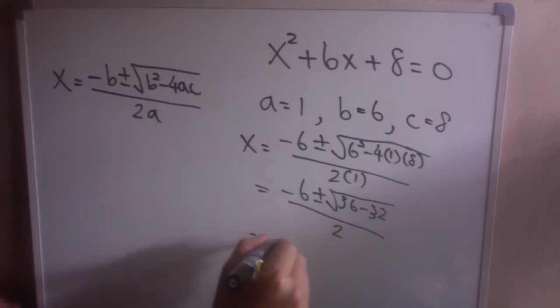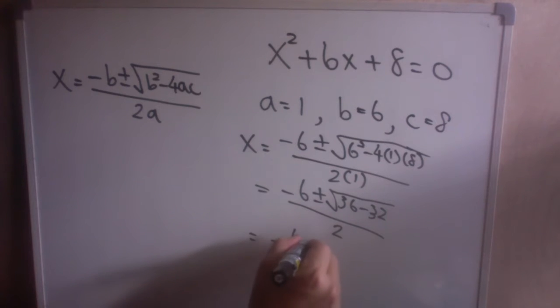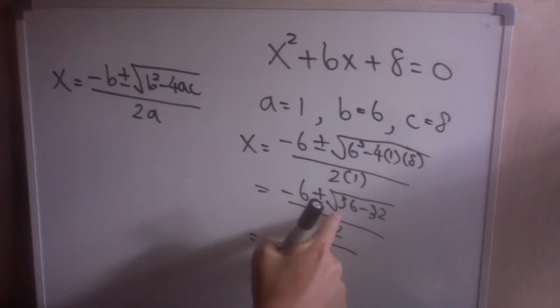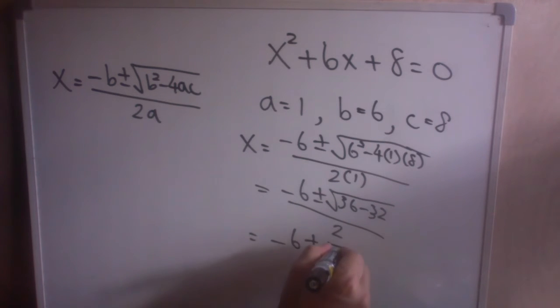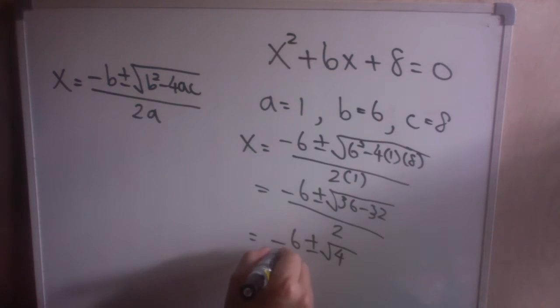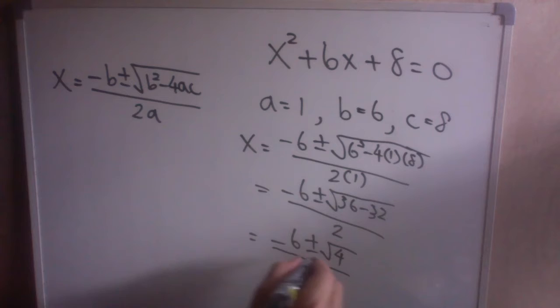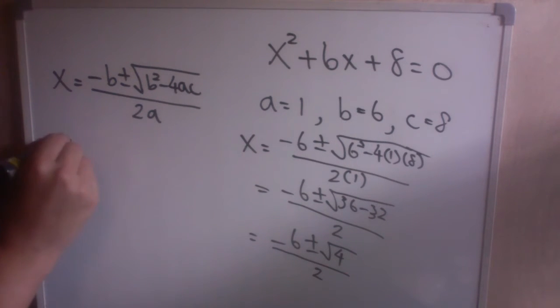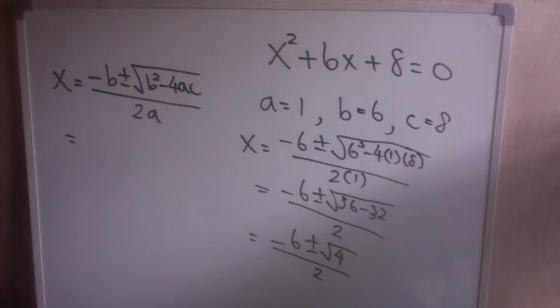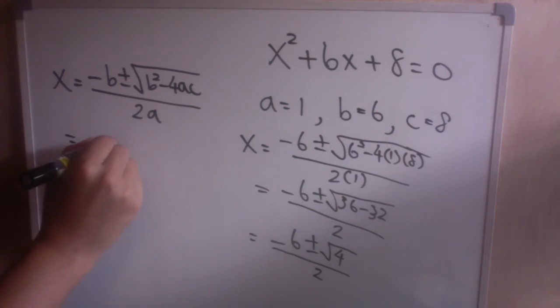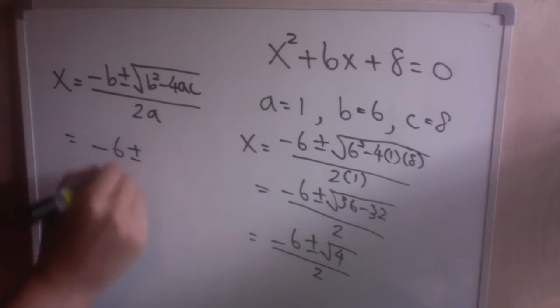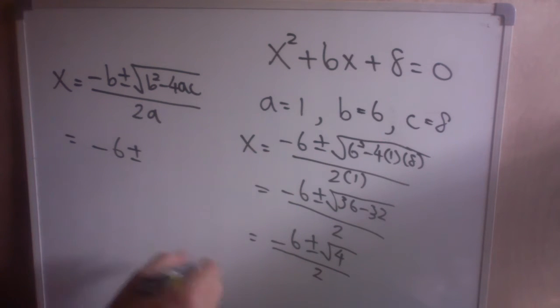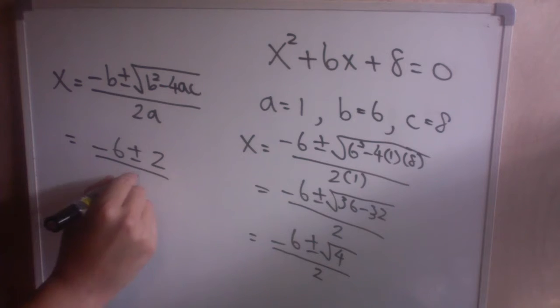So that equals negative 6 plus and minus the square root of 36 minus 32, that's 4, all over 2. So that's negative 6 plus and minus the square root of 4, that is 2, over 2.